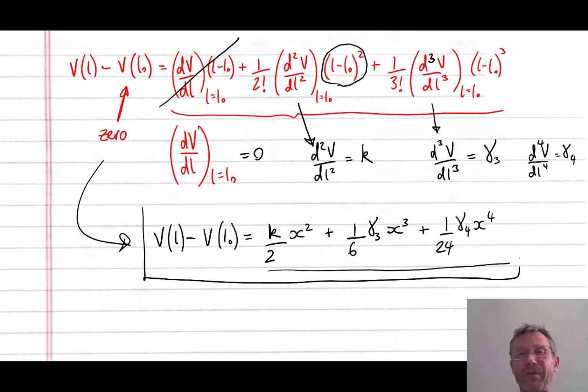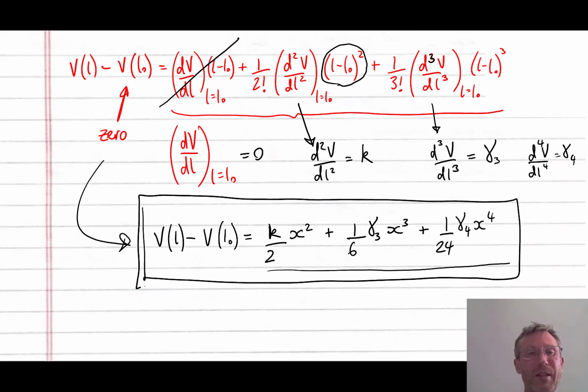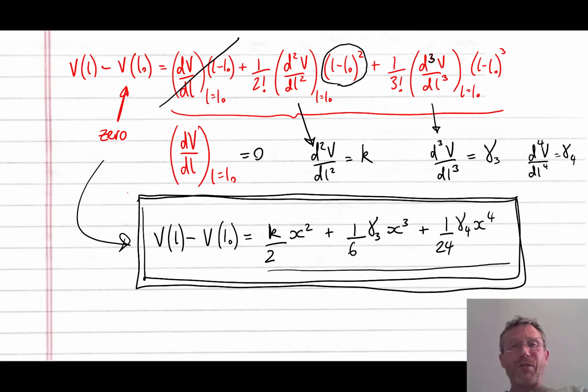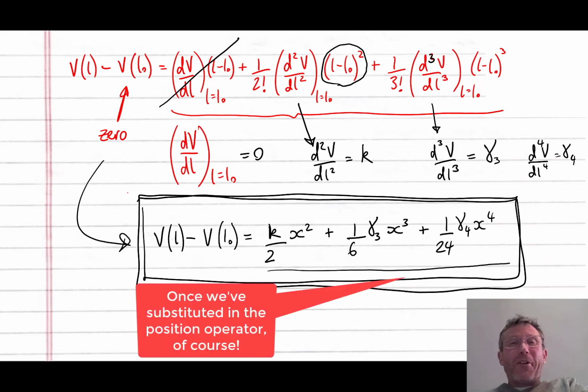Okay, so what we have effectively here is still a classical description of the potential, and we can plug that into an ever more complicated Hamiltonian operator or Schrodinger equation and solve it.